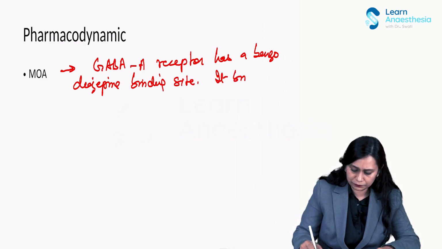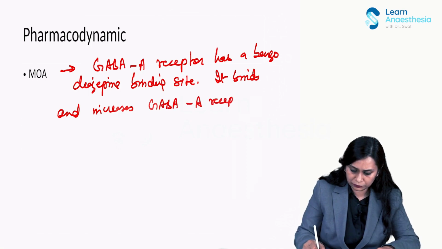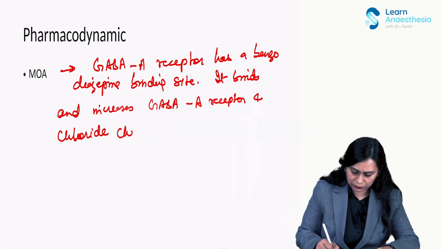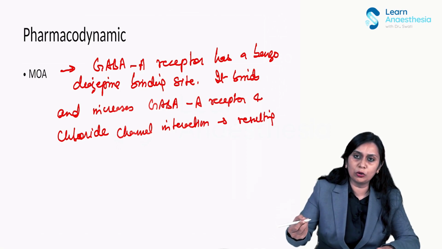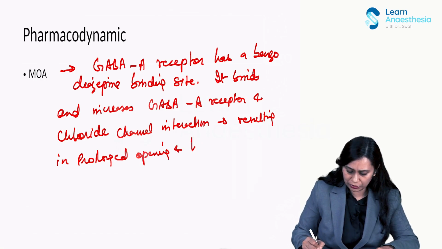It binds and increases the GABA A receptor and chloride channel interaction, resulting in prolonged opening of the chloride channel and hyperpolarization, and this results in neural inhibition.